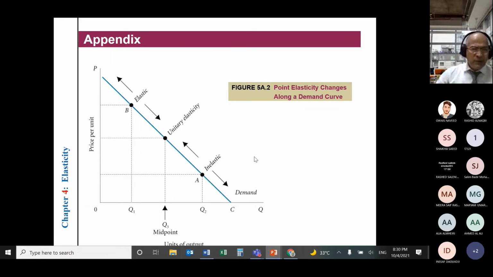Think about, let's say, strawberry. There is strawberry in the market. If the price per 100 grams is 300 dirhams, it is so luxurious. Maybe we will buy it once a year.